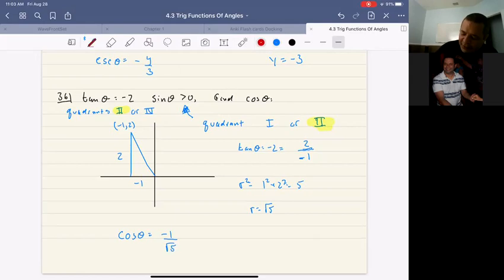I'm going to go ahead and rationalize this one. So we have to multiply by √5 over √5. So cosine of theta here is -√5 divided by 5. All right. I'll see you all in the next, and I think maybe last video, maybe 2 more for this section.